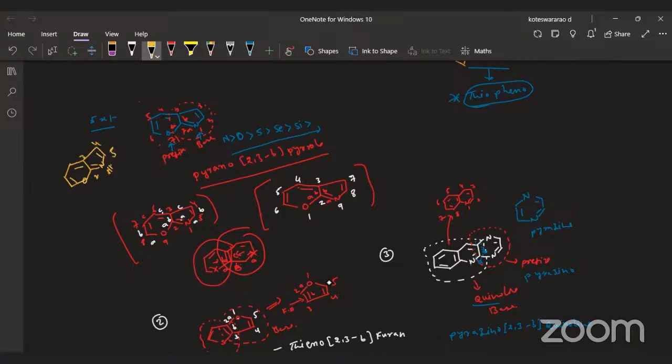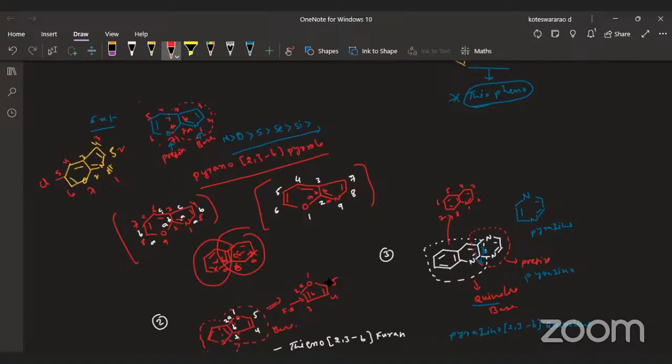This is one numbering. Suppose it is for showing the position of substituents, if any substituent is there, suppose this position has a chlorine. For example, 1, 2, 3, 4, 5, 6, the seventh position.